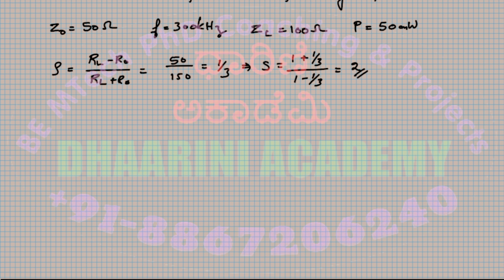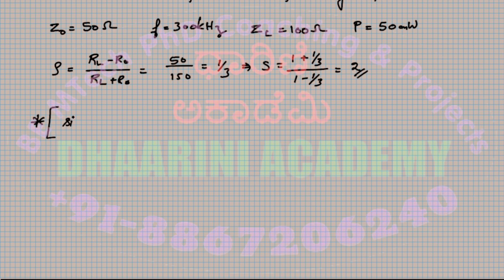I can see that ZL is actually greater than the Z naught value here. That means Vmax is located closer to the load. Vmin is normally located at the lambda by 4 position. I'll write one point just for your reference. Anyway, you know the answer directly, but since we are solving this kind of problem for the first time, I'll make a point.